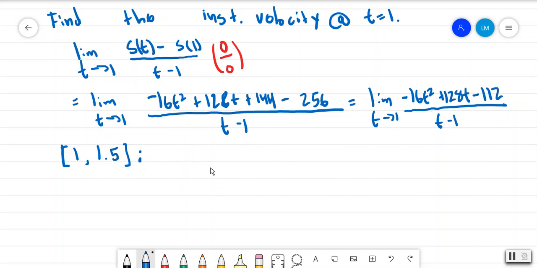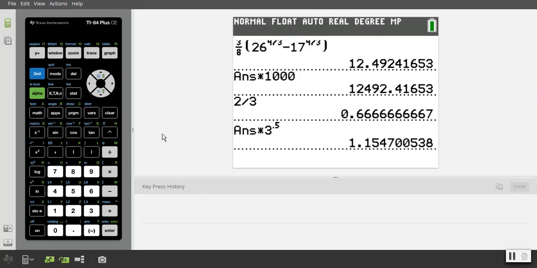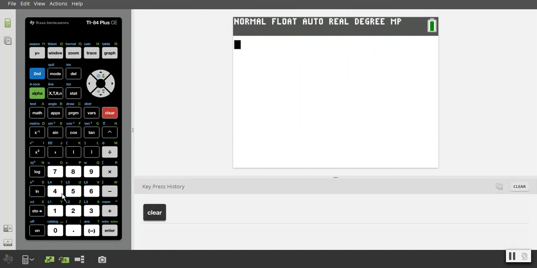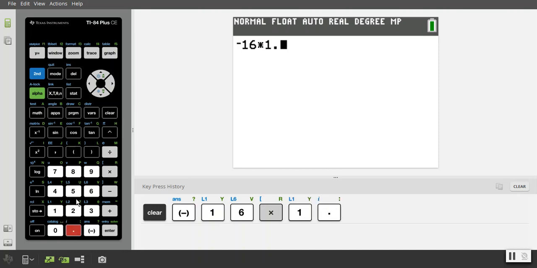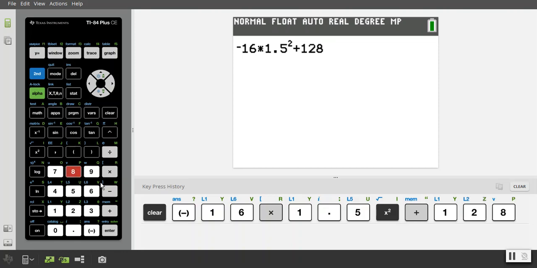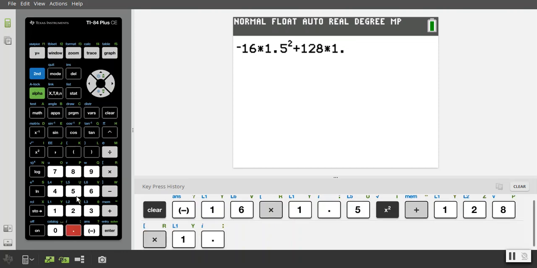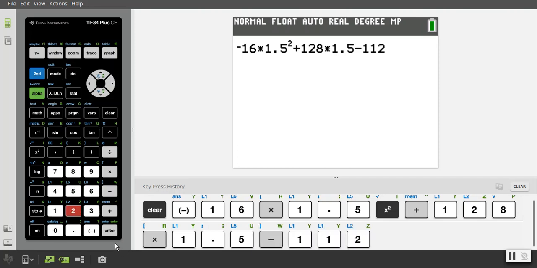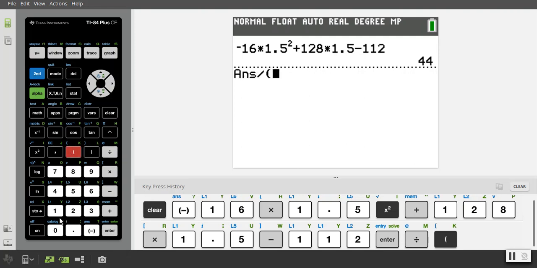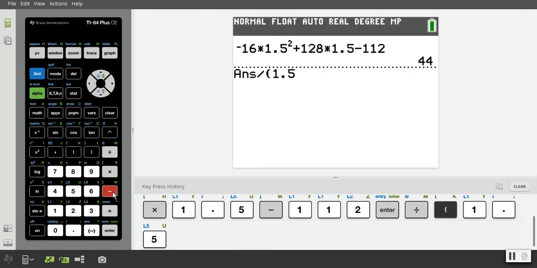So let's go to our calculator: negative 16 multiplied by 1.5 squared plus 128 times 1.5 minus 112, and then we divide this by 1.5 minus 1.